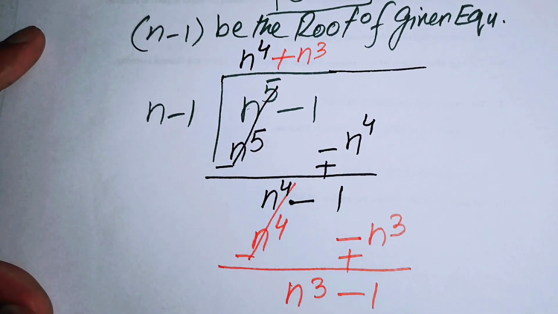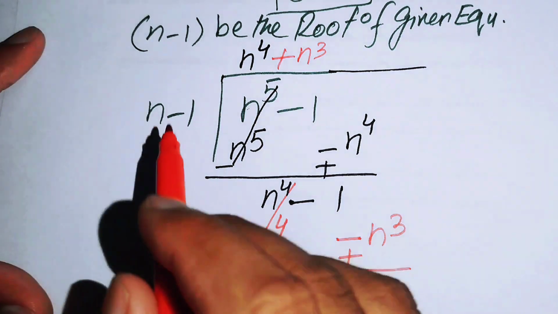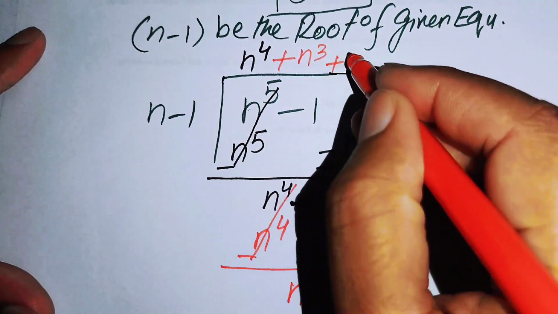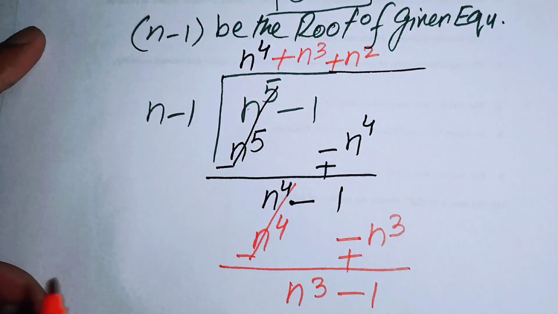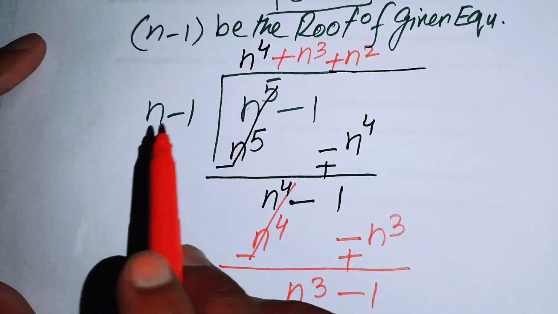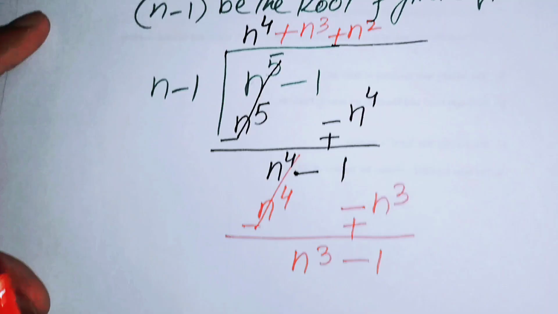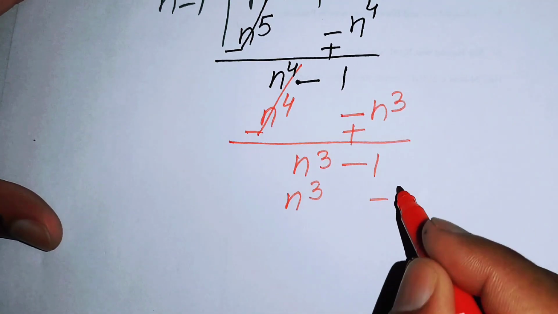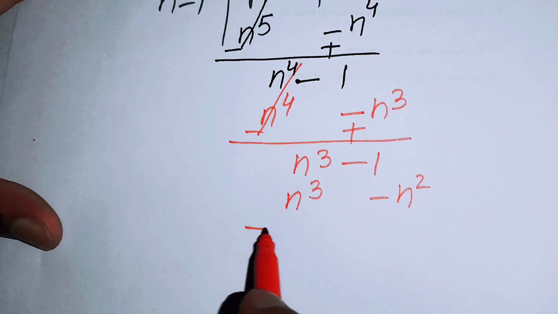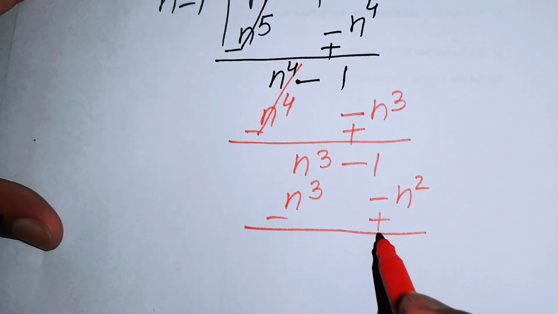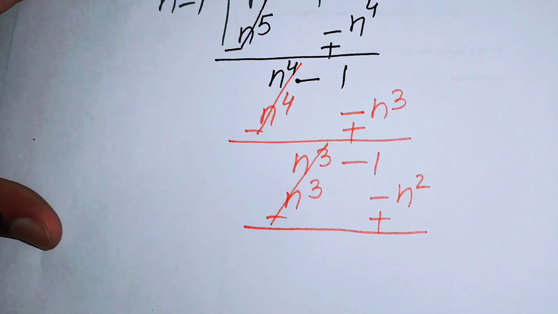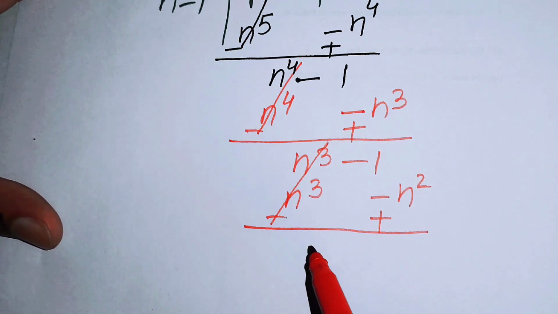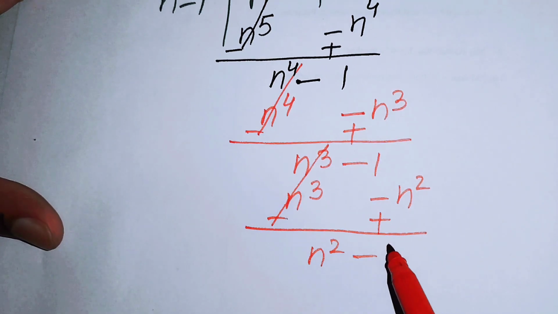So now you make n cubed here, so you can multiply this equation by n squared. So when you multiply this equation by n squared, you will get n cubed minus n squared, and I can write it here, n cubed minus n squared. So now you can subtract these terms, and these two terms are gone, and here you obtain n squared minus 1.